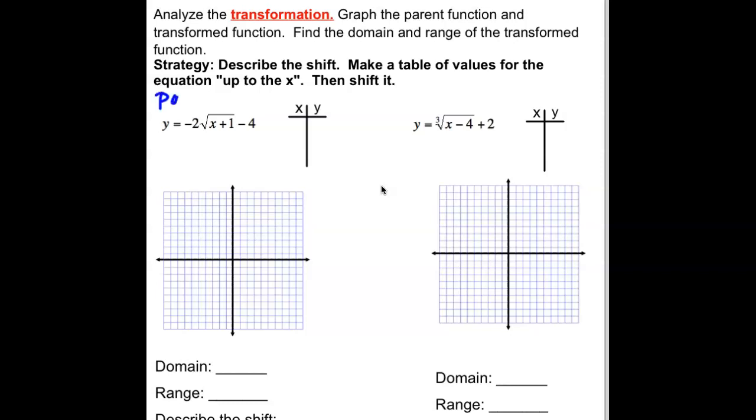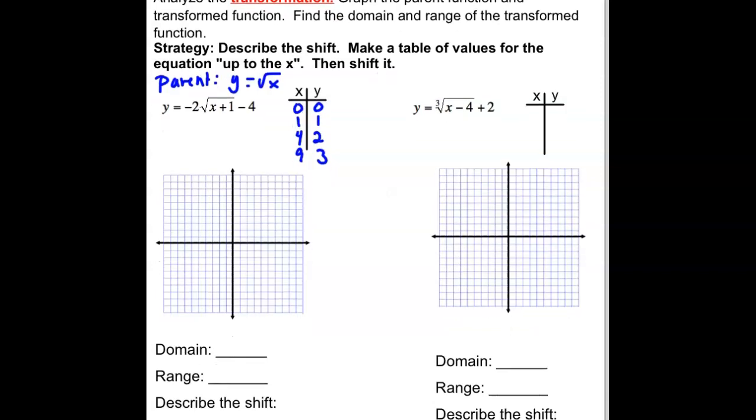Our parent is just y equals the square root of x. So let's pick some values that we can square root, like 0, 1, 4, and 9. When we square root them, we get 0, 1, 2, and 3. And let's look at our transformations.